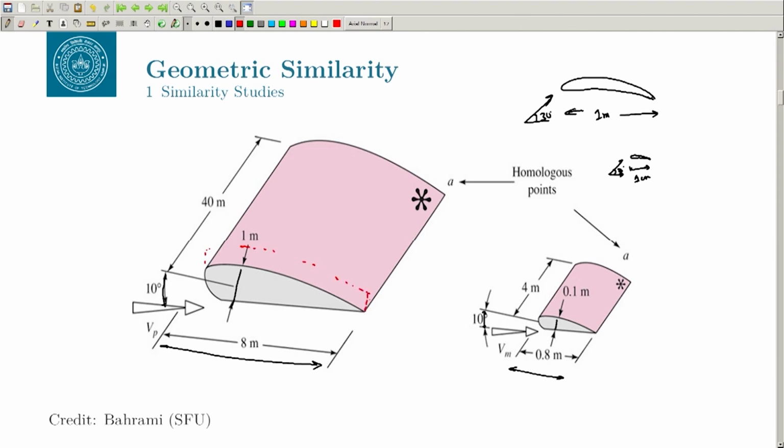Let us fix our coordinate system so that it will be easy to explain. Let us say this is my x in the chord-wise direction, y in the vertical direction, and z in the span-wise direction, right.